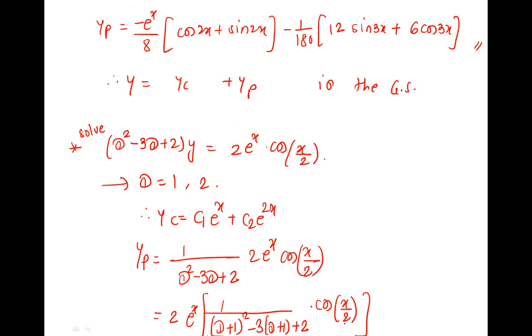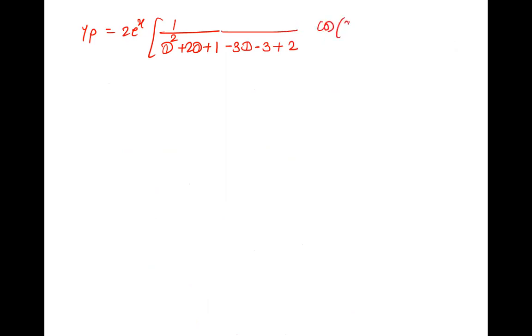So just simplify it. yp is 2 e raised to x into 1 upon D squared plus 2D plus 1 minus 3D minus 3 plus 2, into cos x by 2.